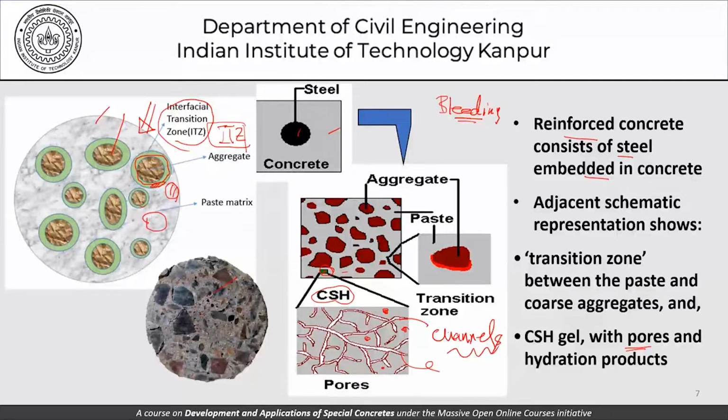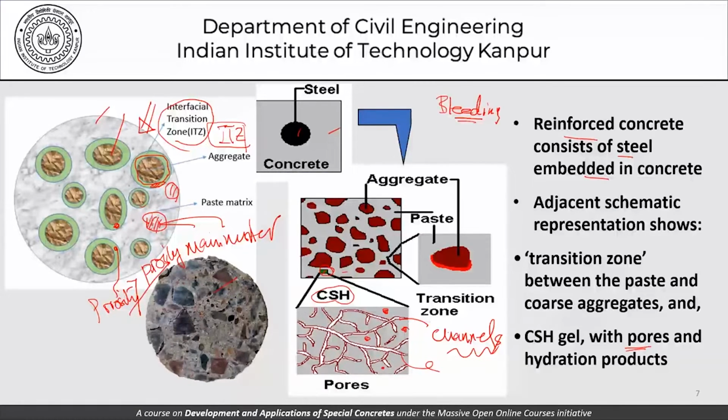What about the porosity in the ITZ? Obviously, the fact that we are talking about ITZ so much means that this part has its own porosity, and this porosity is greater than the porosity in the main mortar. This main mortar means somewhere here, and this is the porosity here. Why it happens is because of bleeding, the way it's shown here.